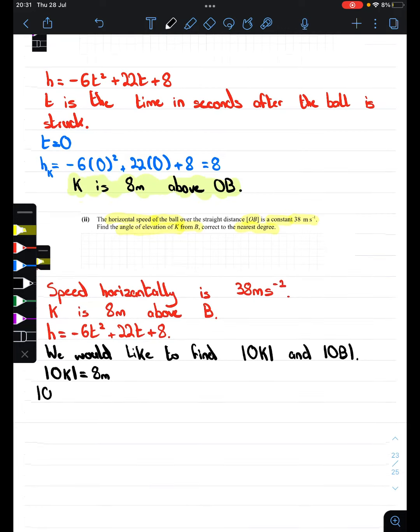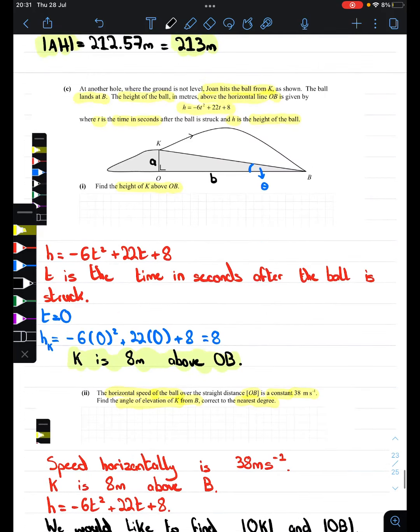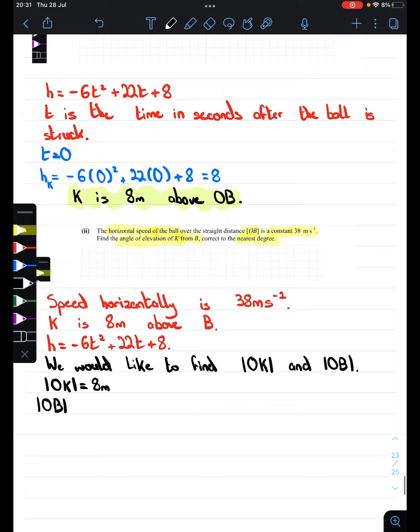But what is OB? OB is the horizontal distance from K to B, so it's the horizontal distance that the shot goes through.